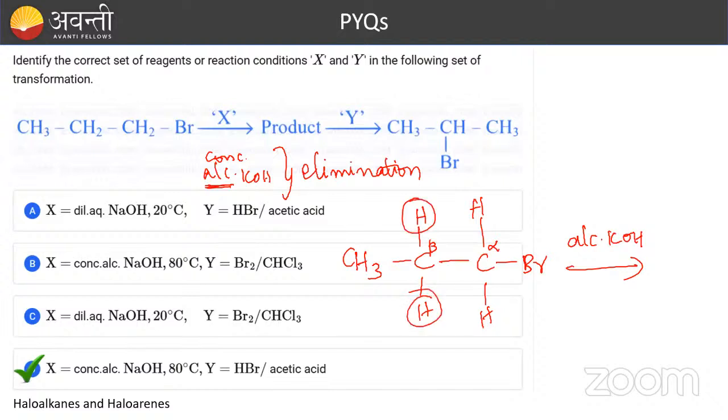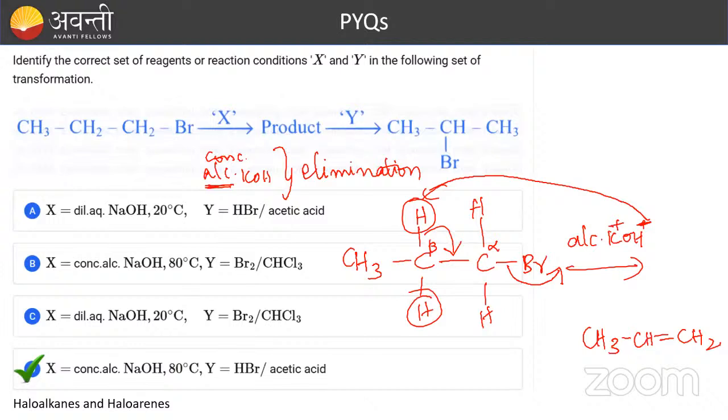One of the beta hydrogens will be attacked by OH minus. OH minus will attack the beta hydrogen, the bond will shift, and the carbon-halogen bond will break. So we will get CH3CH=CH2. This is the product.